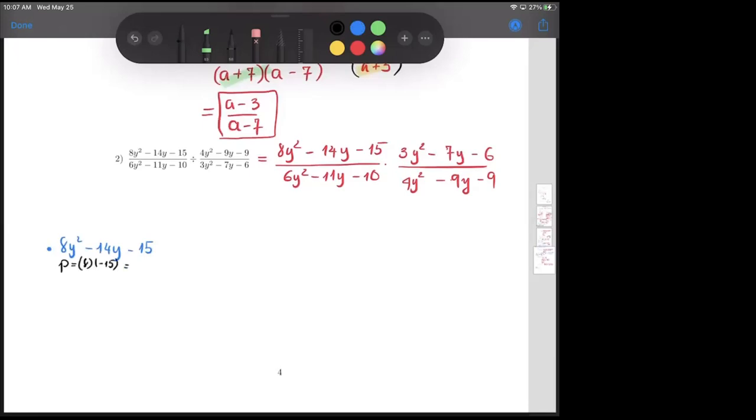What is that? 8 times 15 is 120, so negative 120. And then the sum is negative 14. Can you find 2 numbers that multiply to negative 120 and add to negative 14?